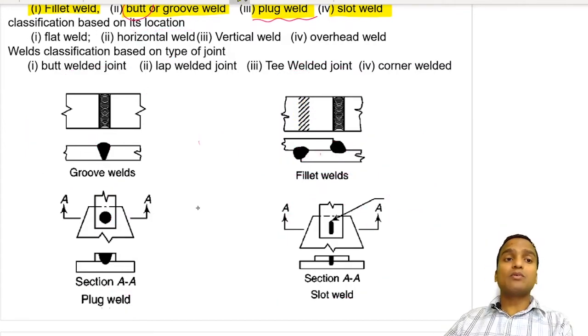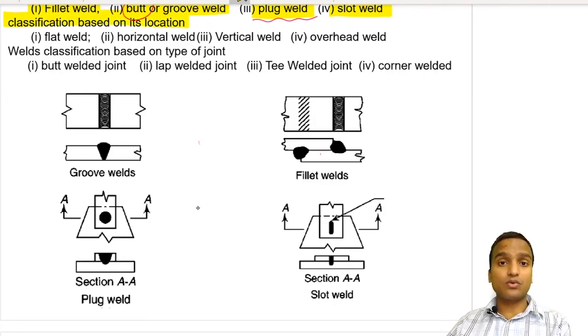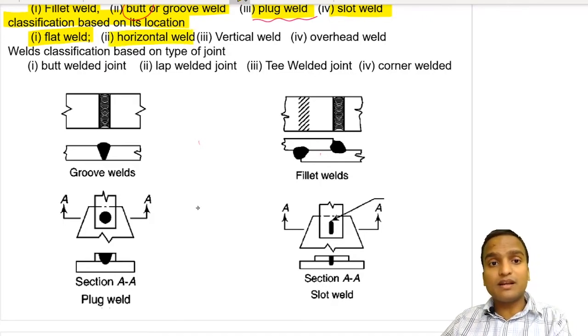Now let us discuss the classification of welded connection based on its location. So the welded connection can be flat weld. Flat weld is weld which is done on the floor or the slab of a room or a structure. Next one is the horizontal weld, and the third one is vertical weld.